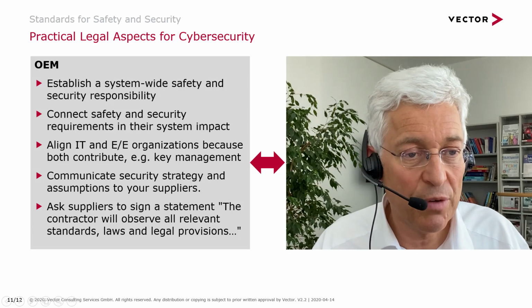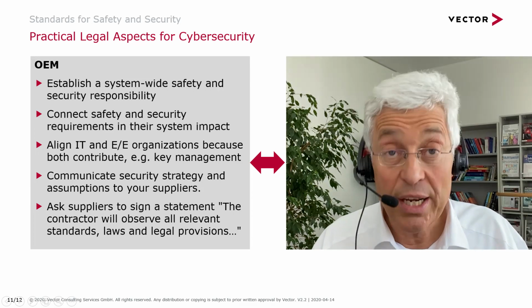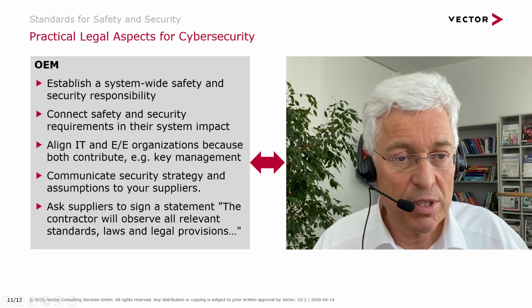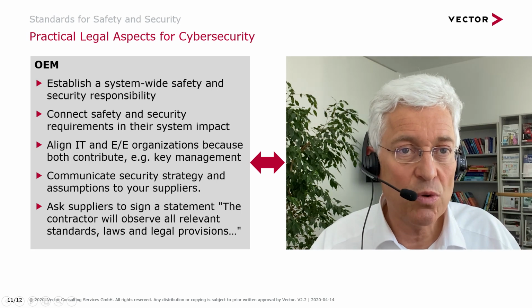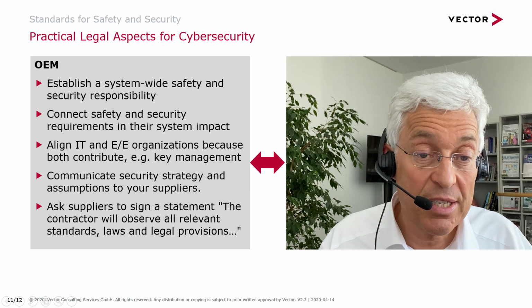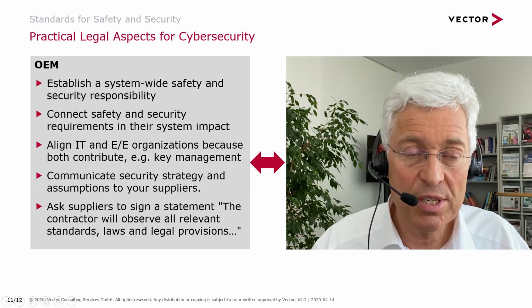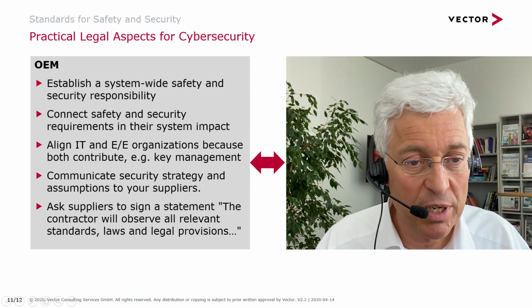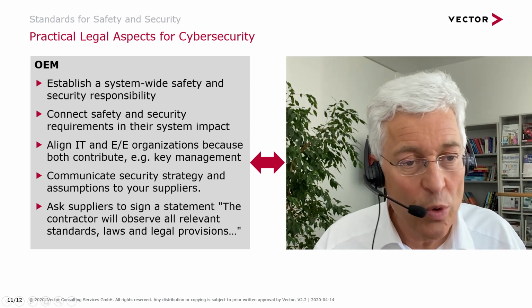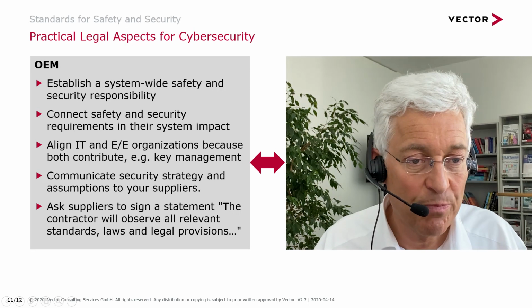Try that they work very close together. Connect the requirements. As I just explained, starting with the safety goals, how can they be compromised or to have these synchronization points? Align your EE organization with the IT organization, because increasingly with the update management or key management from a security perspective, we need to have aligned organization.